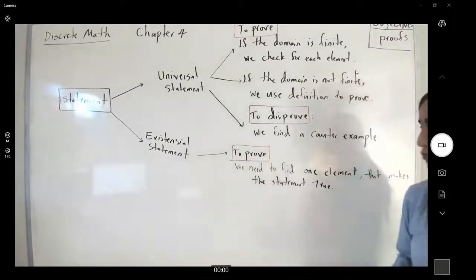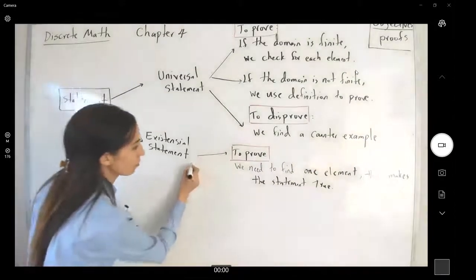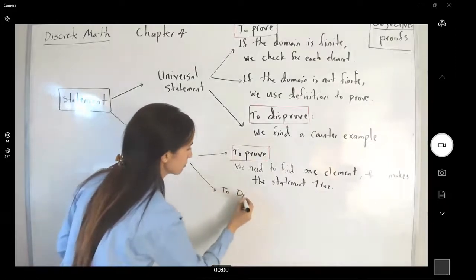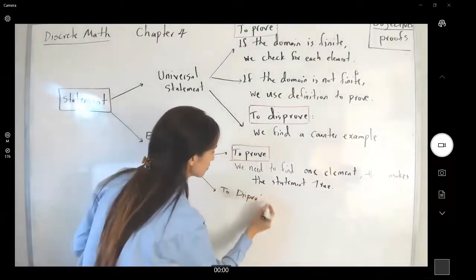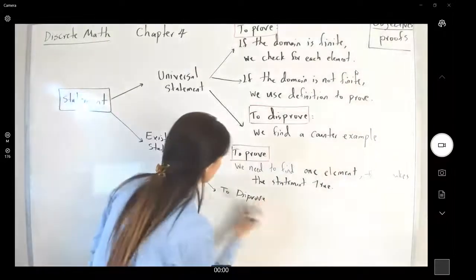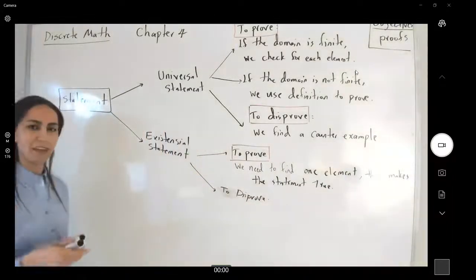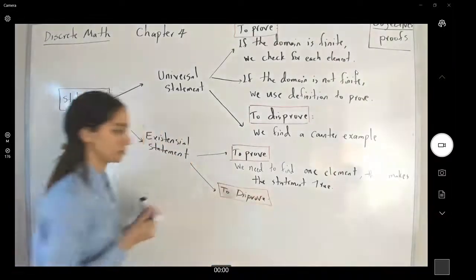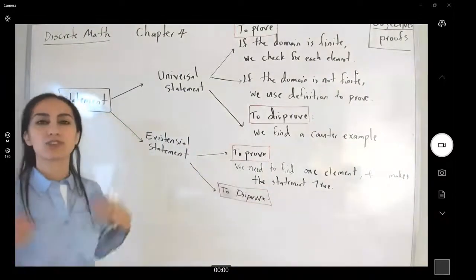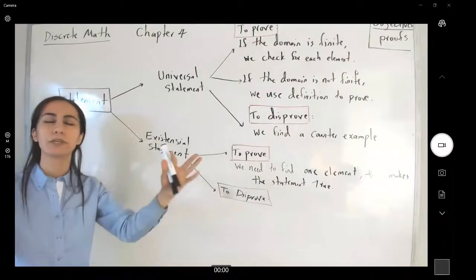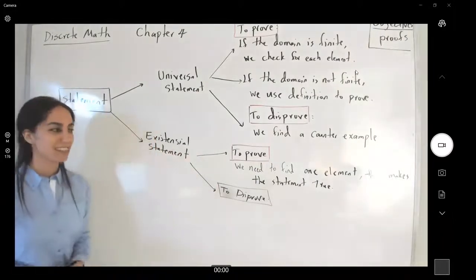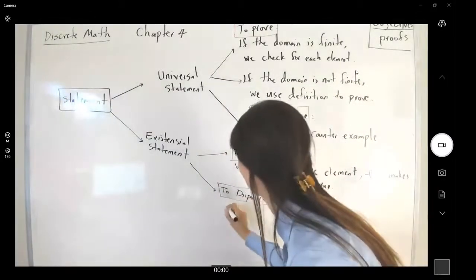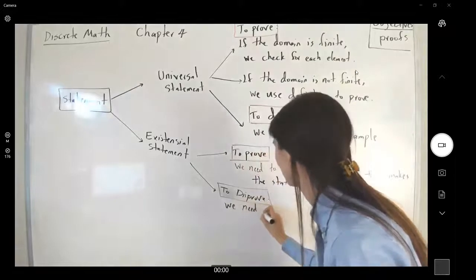How do we disprove it? Very well. The negation of an existential statement is a universal statement. So it means that we need to show that for any arbitrarily taken element, that statement is false.